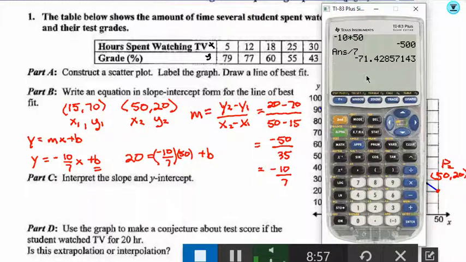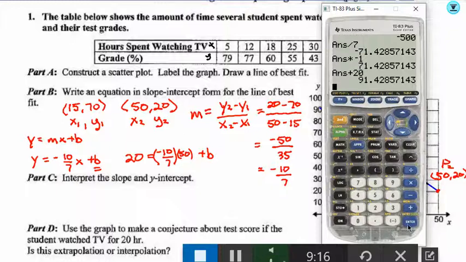That's a negative. So I'm going to add that to both sides of the equation. So if I were to multiply this by negative 1 and then add that to 20, 91.43.